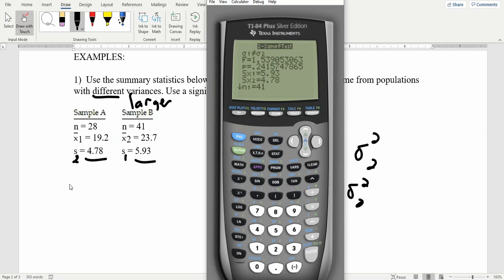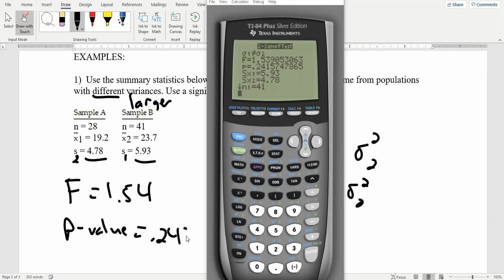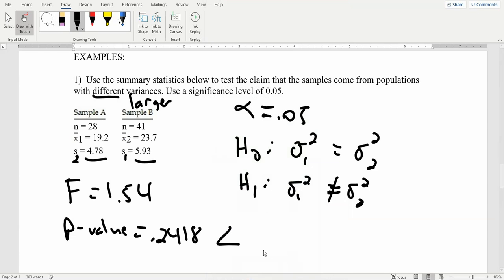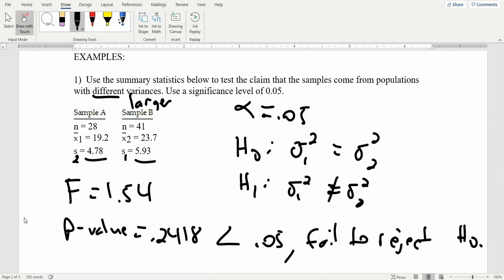And then if you're looking for an F stat, that would be 1.54 if I go to 2 decimal places. The p-value is 0.2418. That is not what I just said. 0.2418 is what I meant. And that is definitely greater than 0.05, which means fail to reject H0.